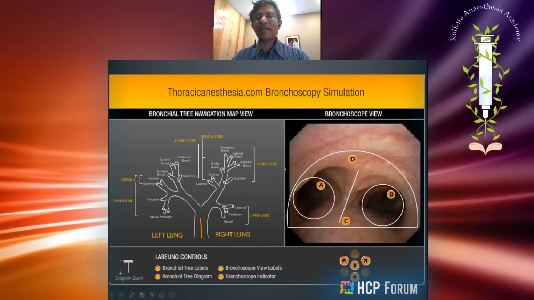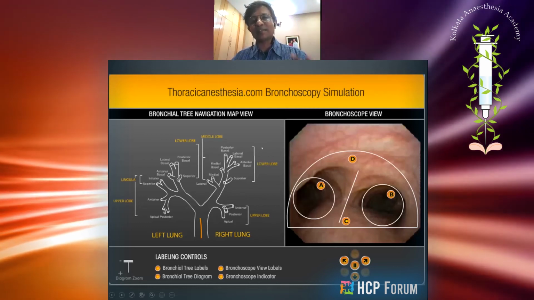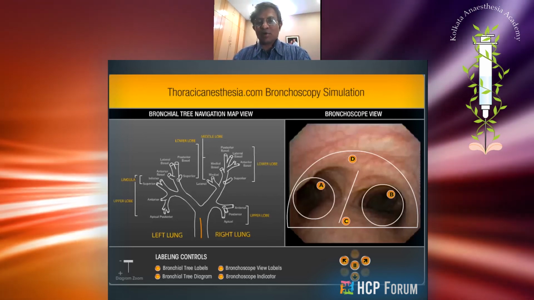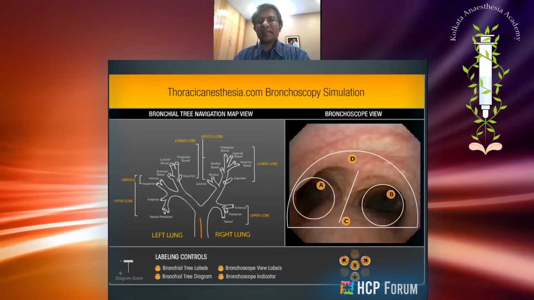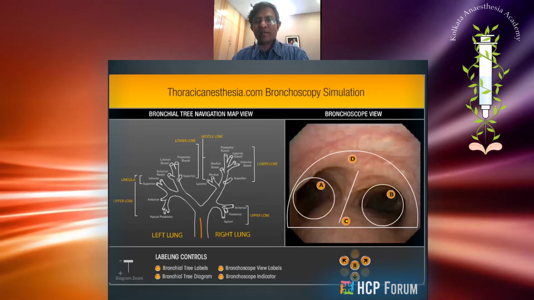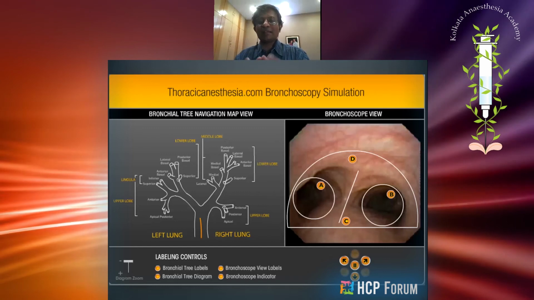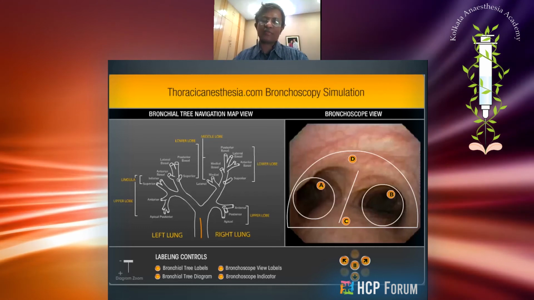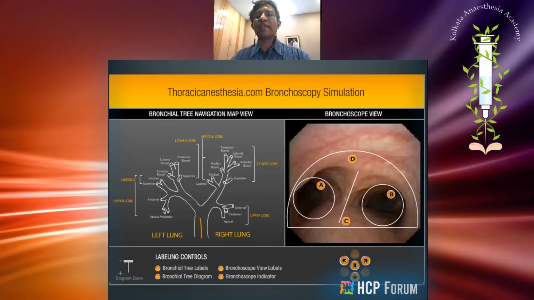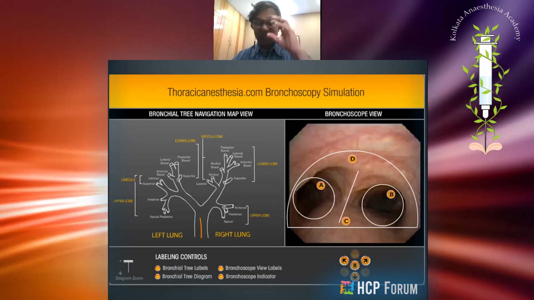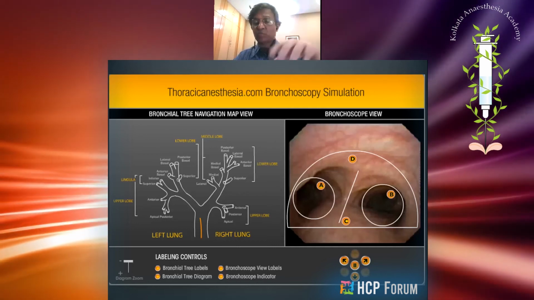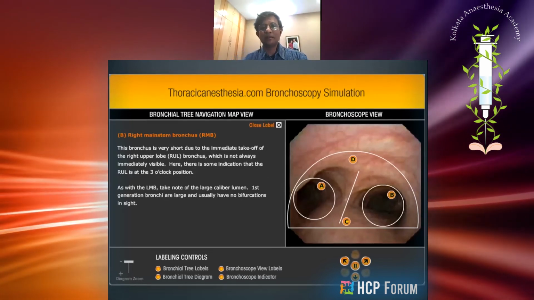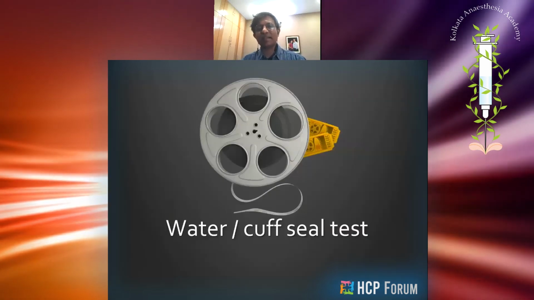Please go and enjoy yourself, and look at the bronchoscopic images and try to figure out the bronchial anatomy, how you understand the correct placement of a double lumen tube, and how you can change the position of the double lumen tube or the position of a bronchial blocker if you have used this, by just knowing the visual fibroscopic anatomy of the bronchial tree. So these are some images that I picked up from there.